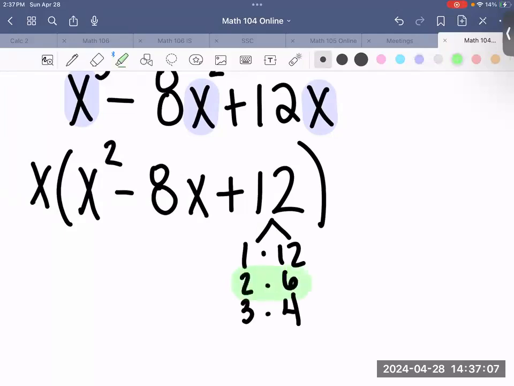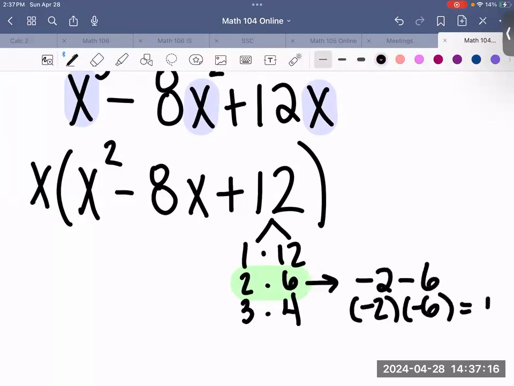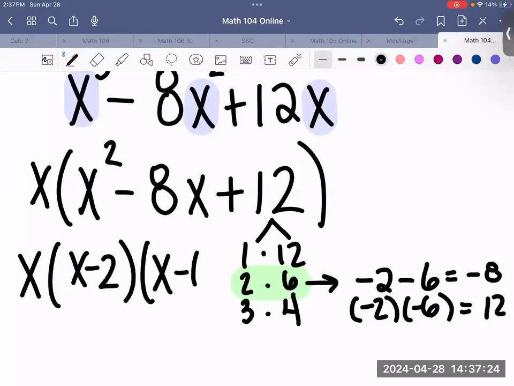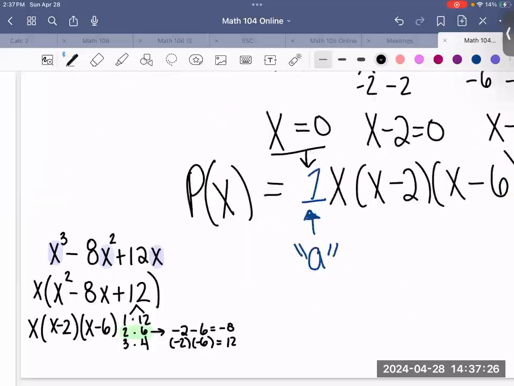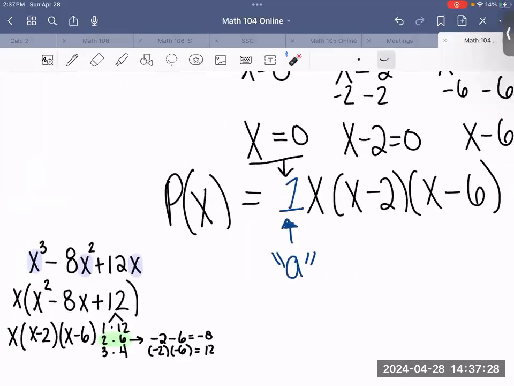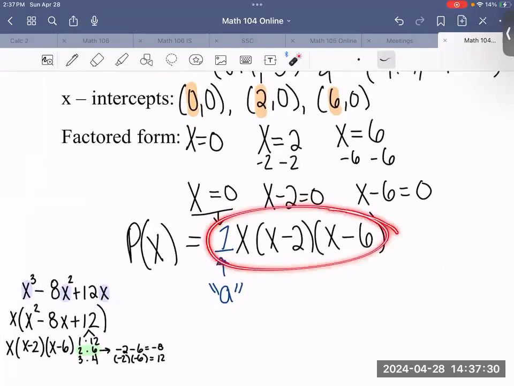Well, 2 and 6 can, as long as we arrange it as a negative 2 and a negative 6, so that when we go to multiply it, we get to positive 12. So we have x, x minus 2, and x minus 6. And wouldn't you know, isn't that the exact same equation that we have over here?